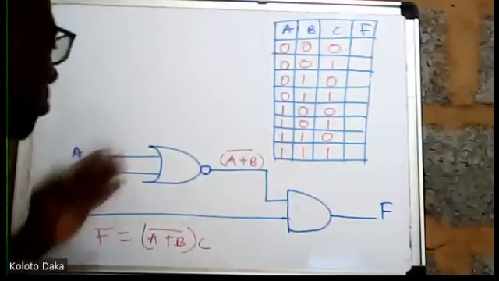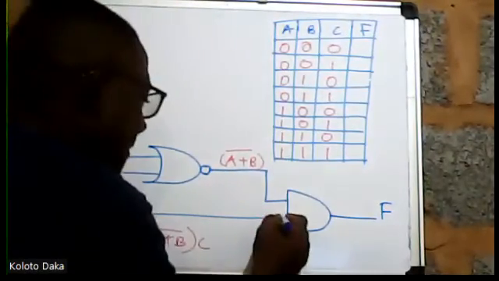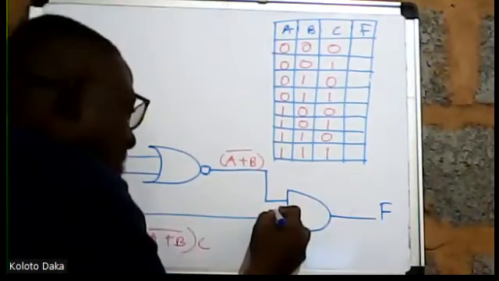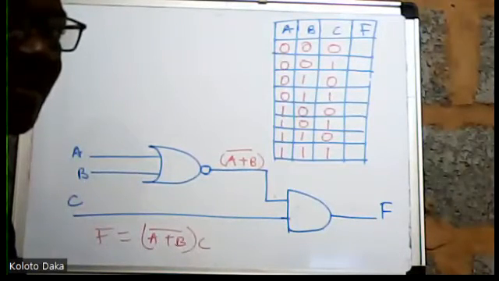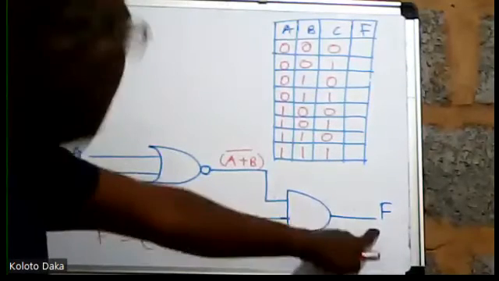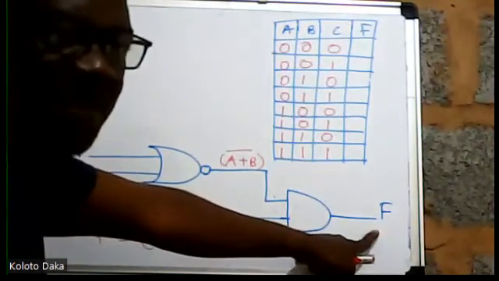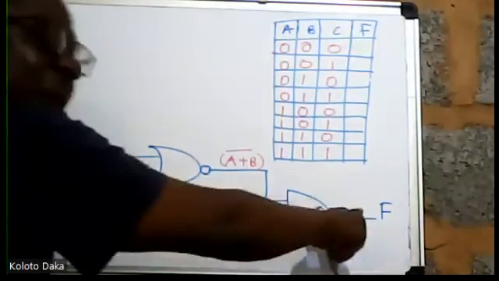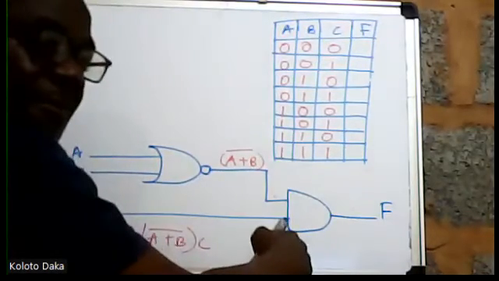So here, gentlemen, the issue is this side. Since this is a series, the only time we are going to have the 1 here is when there is a 1 here and a 1 there. So wherever C is 0, F will be 0, because they are in series.